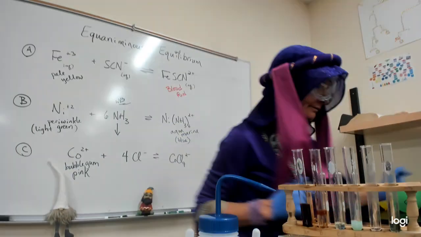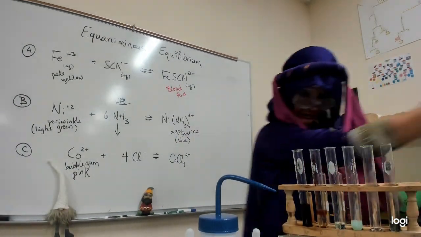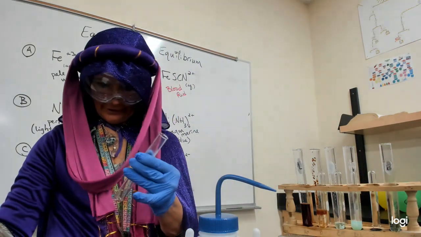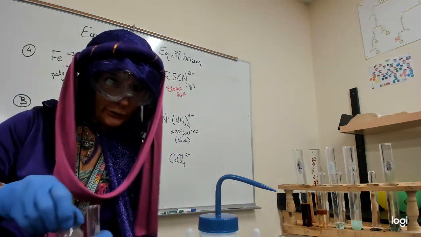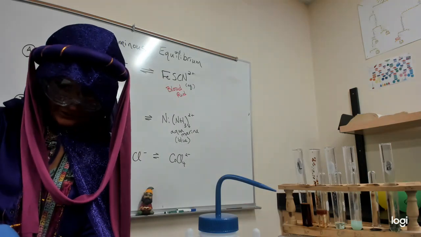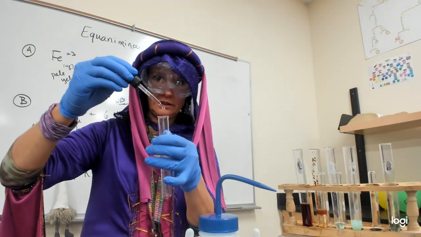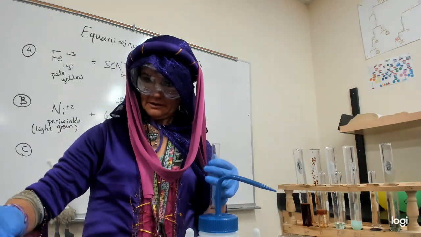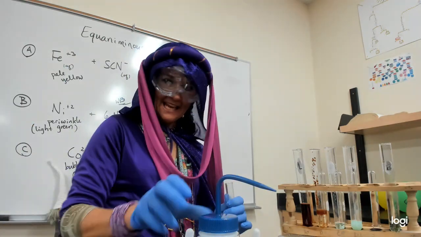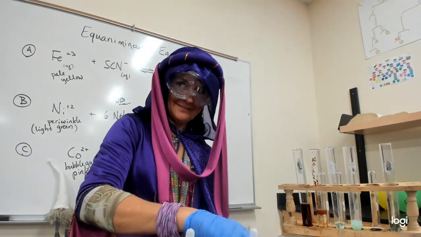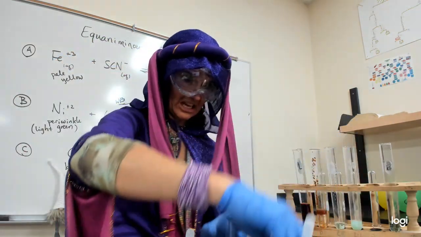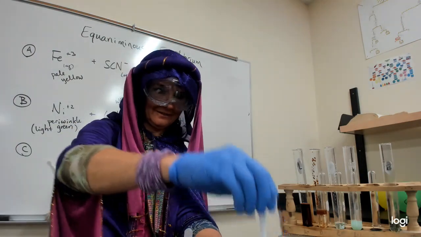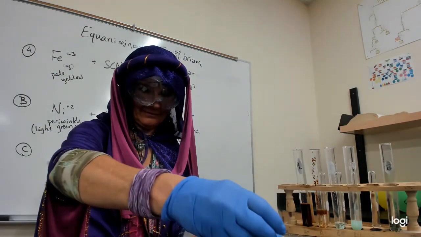All right, I'm back. I got more 12 molar. I also figured out how to get it to work. So, we'll add our 5 drops. You counting? 1, 2, 3, 4, 5. And then our 12 molar HCl. 12 drops.